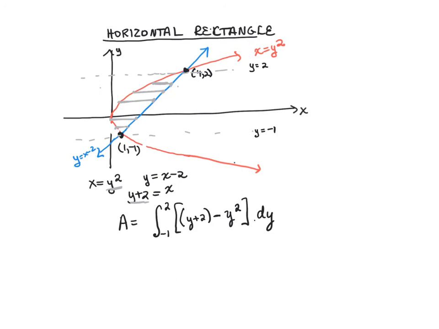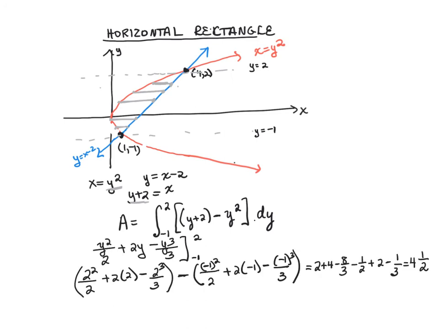So what I'd like you to do now is to pause the video and evaluate this using the first fundamental theorem of calculus by yourselves, and then restart. So the antiderivative using the power rule is y squared over 2 plus 2y minus y cubed over 3. We substitute the 2 into the antiderivative, then the negative 1 into the antiderivative.